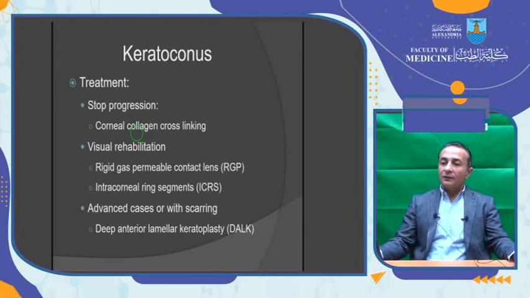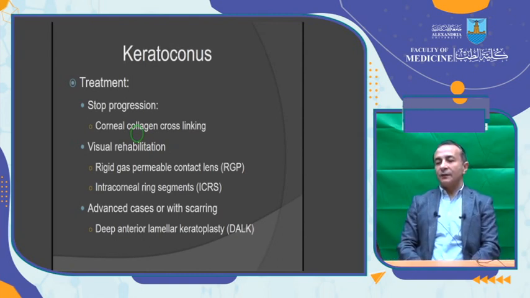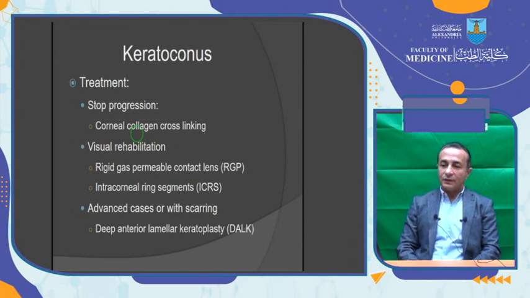The second line of treatment is directed towards visual rehabilitation. After we stop progression of the disease, we must find for this patient a way to see well. He is suffering from myopia and irregular astigmatism, and usually irregular astigmatism cannot be corrected by glasses.